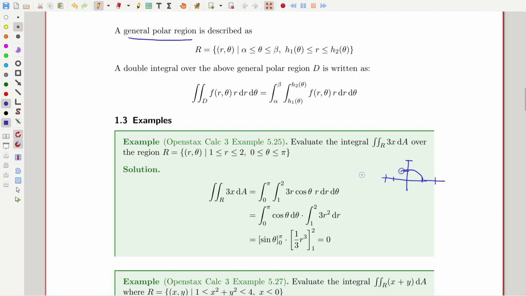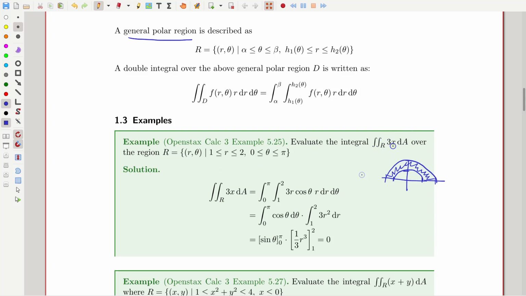And so our region is this, perhaps you could call it a horseshoe shape. So this is the region that R is specifying, and we're performing this integral over R.